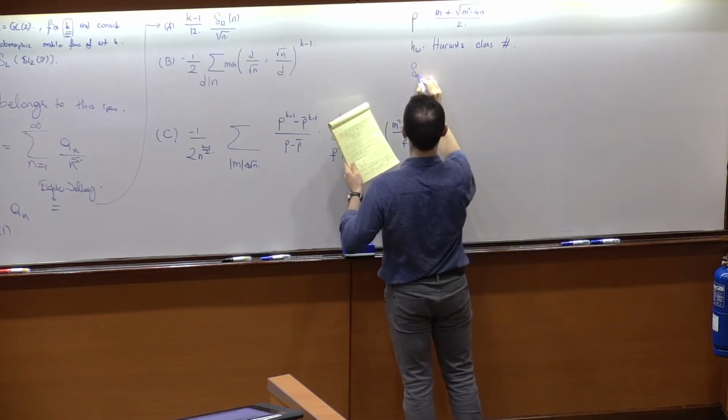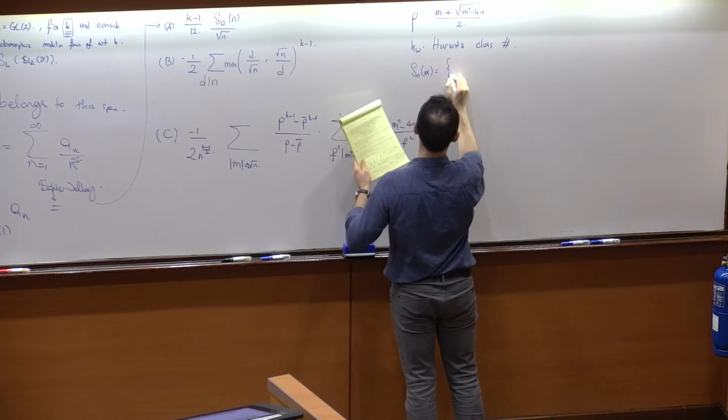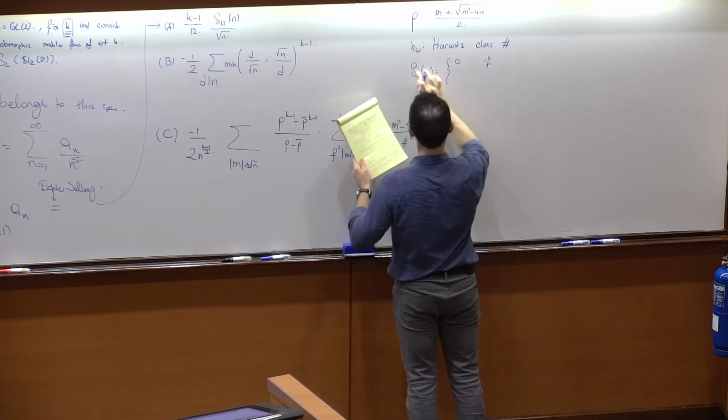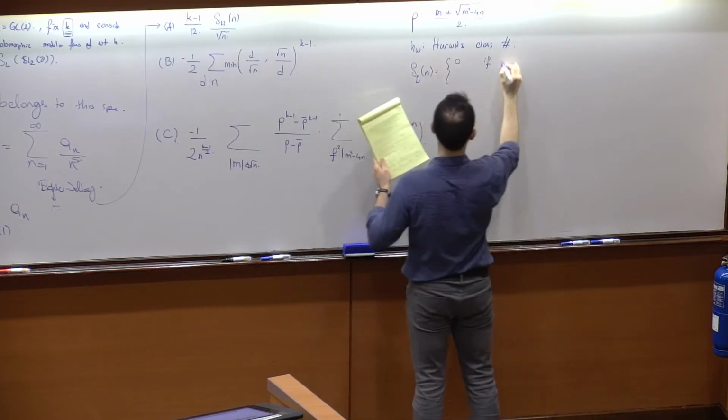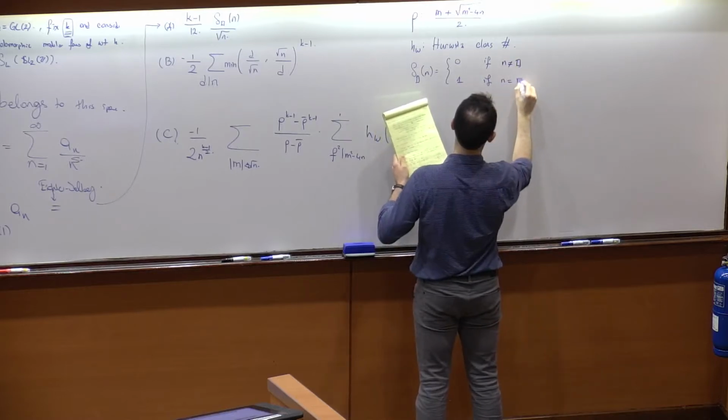And delta_n is 0 if n is not a square, and 1 if n is a square.